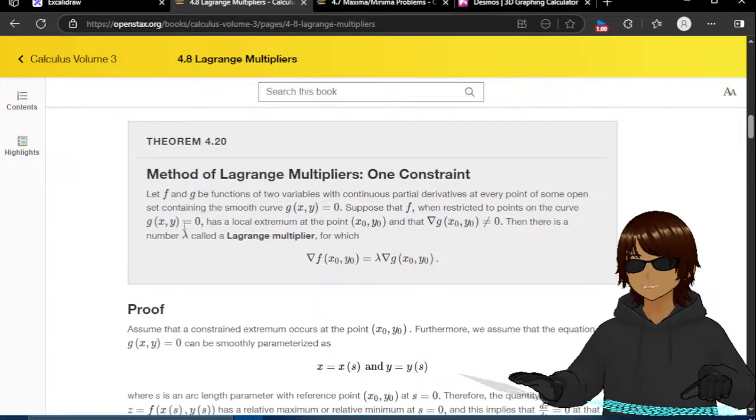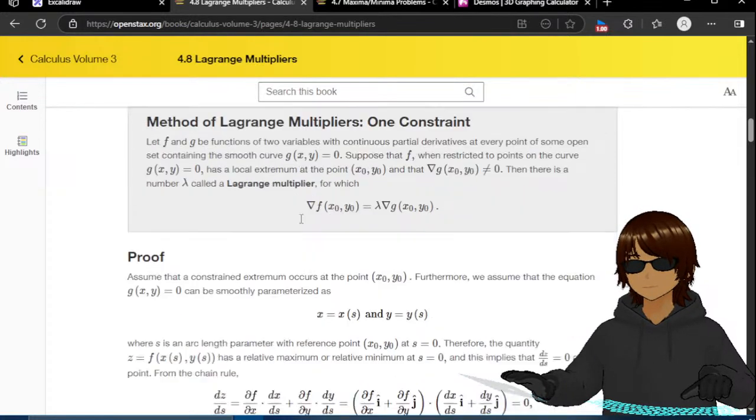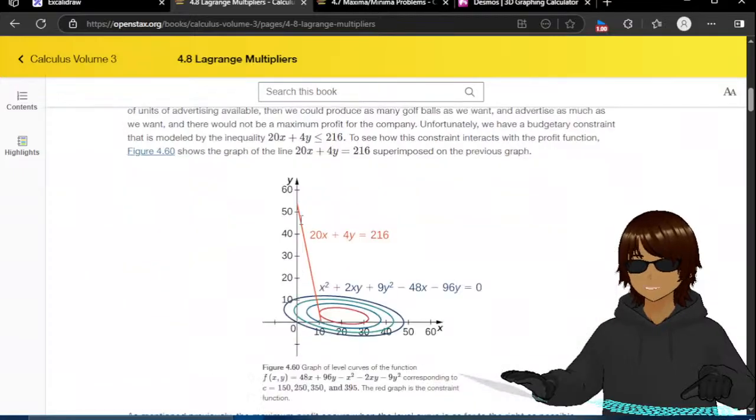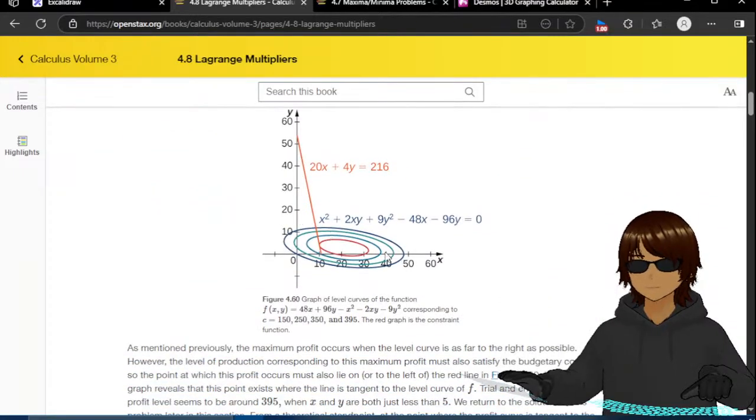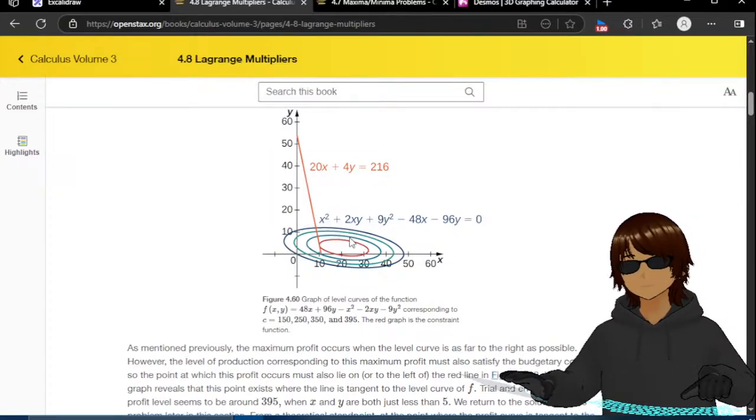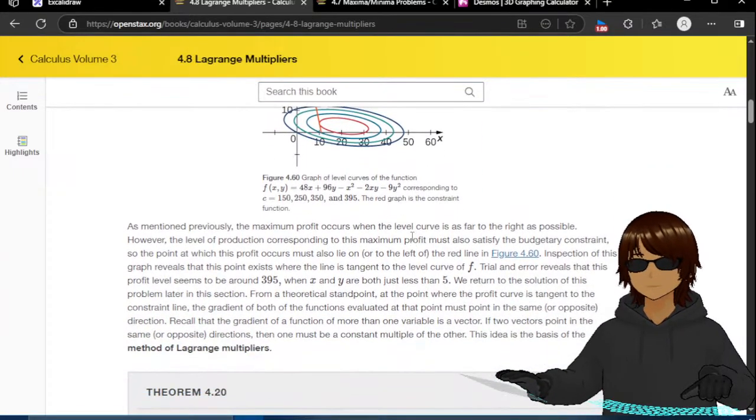Yeah, why is this 0? So wait, different x and y values. g of x and y is 0. So we are calculating the level curve at the plane, at the x and y plane, right? Where z is equal to 0.